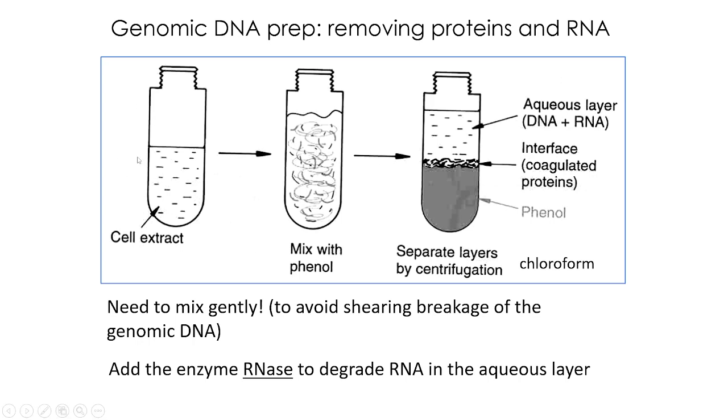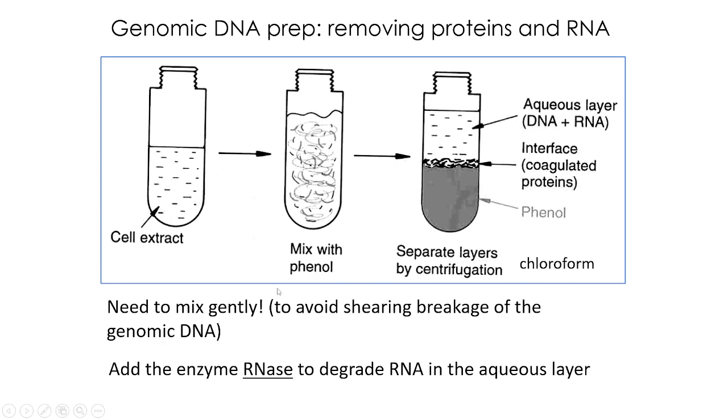So what you do is collect this cell extract and mix it with phenol. You get separate layers by centrifugation because you're mixing it with an organic solvent. The aqueous layer will contain your DNA and RNA, the middle layer will mostly contain the coagulated proteins, and the bottom layer is specifically your phenol. So this is the phenol-chloroform method.